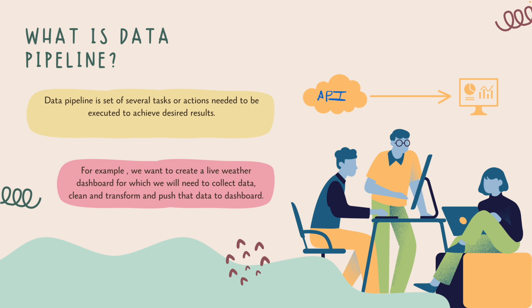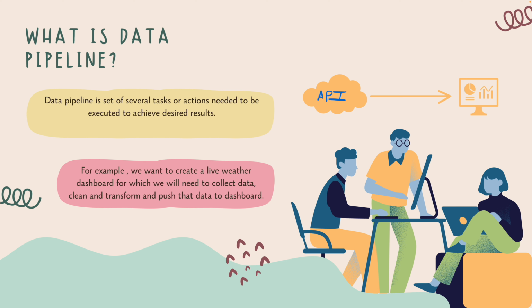For example, as we have taken an example here, and I have created a specific diagram as well here on the screen. If you can see that, let's say that somebody asks you to create a live dashboard, and let's say this dashboard either was for real-time stock data, or in this case I'm saying that it might be for real-time weather data.